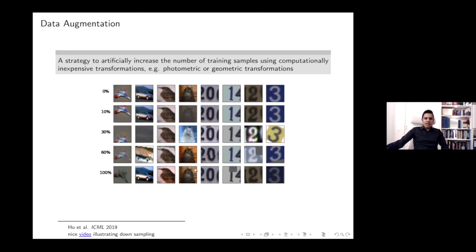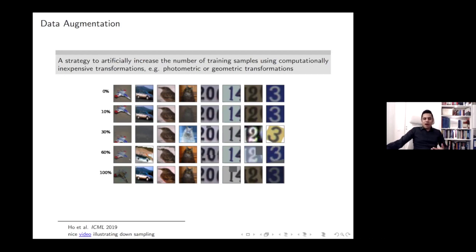So the idea here is to artificially increase the number of training samples using the training samples that we already have, and we want to do this by using computationally inexpensive transformations. Typically, in image classification problems, these are photometric or geometric transformations.